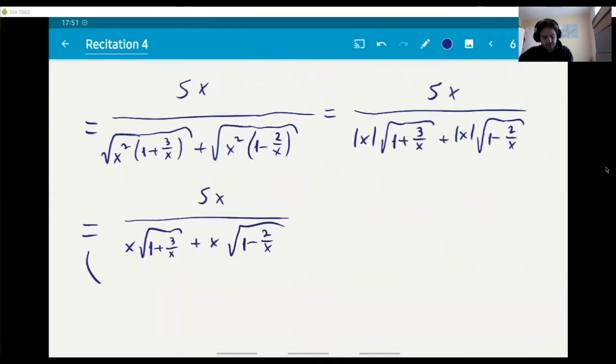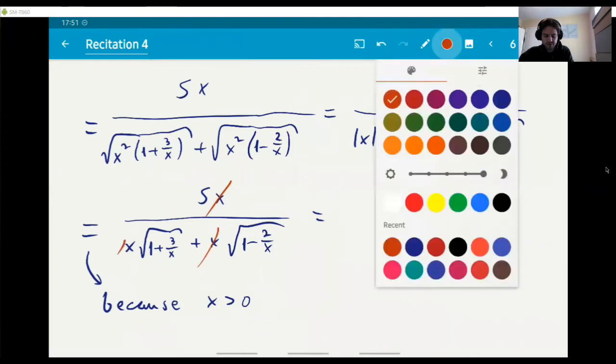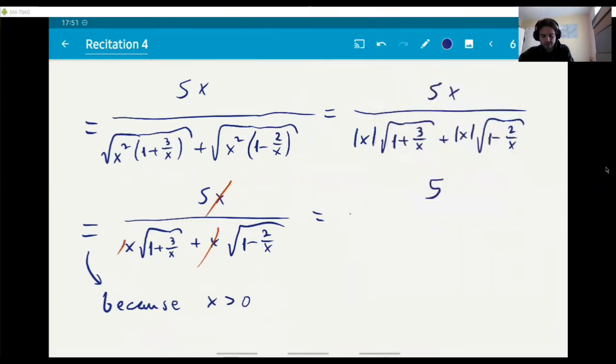So if you want to justify this step, because x now is positive. And what happens in this expression, if you see that you can factor an x from the sum in the denominator, you have a sum of two terms, each one containing an x. Factor that x, and then cancel it with the one upstairs. You're left with 5 over the sum of these two roots.